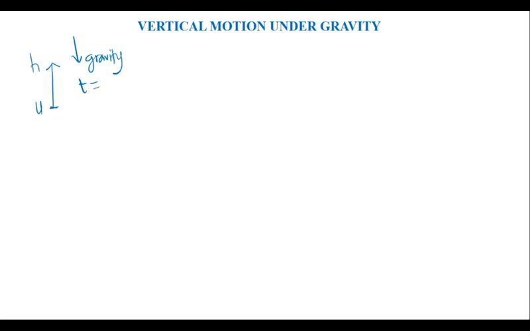For a body being thrown upwards, let's look at the equations that we have. For vertically upward motion, we are working against gravity, so we give gravity a negative g. We give it negative because we are working against gravity, not for gravity.